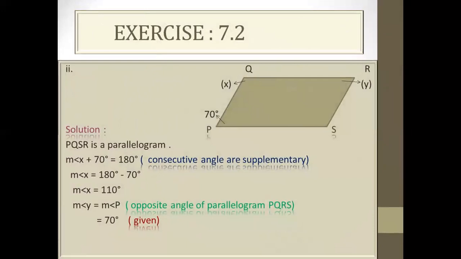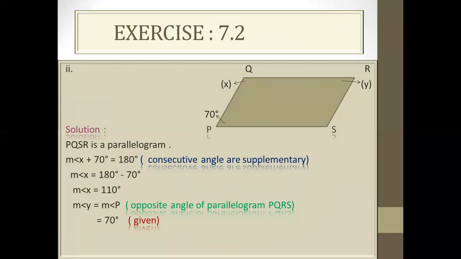In the second diagram, X and Y are both missing, and only one angle, 70 degrees, is given. According to the diagram, you can see Y and 70. What type of angles are they? They are opposite angles of the parallelogram.